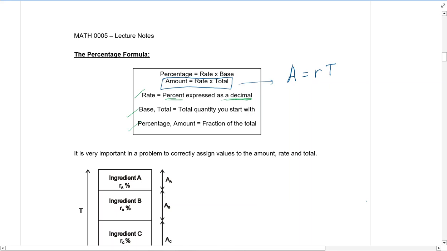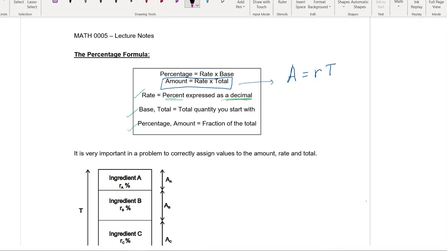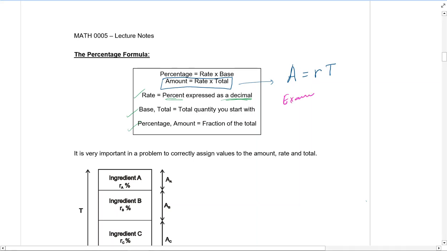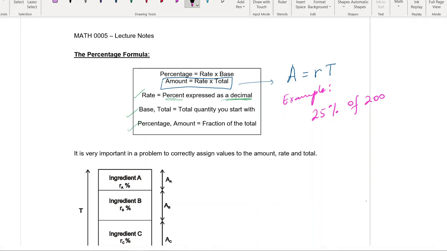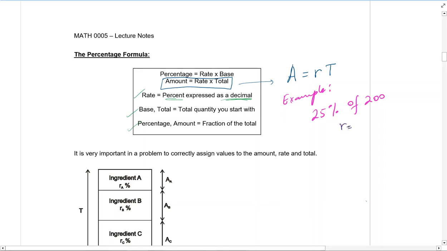So for example, if I say 25% of 200, think of this, 25% of 200. According to the formula, the rate is the percentage, but we're going to write that in decimal form.